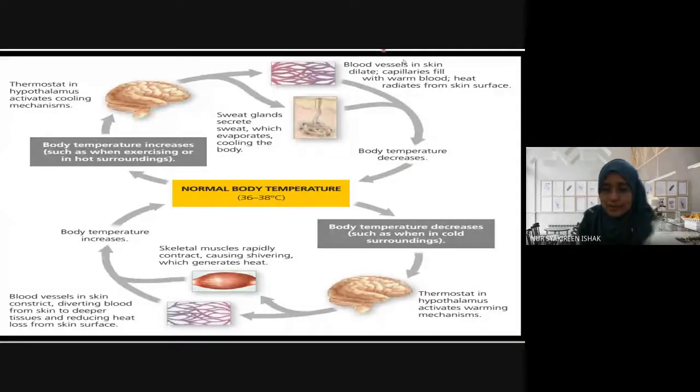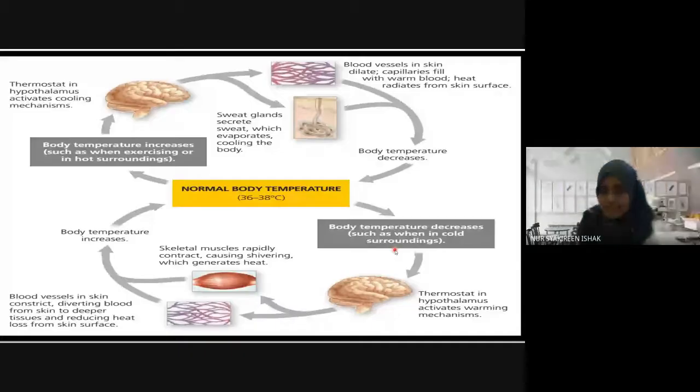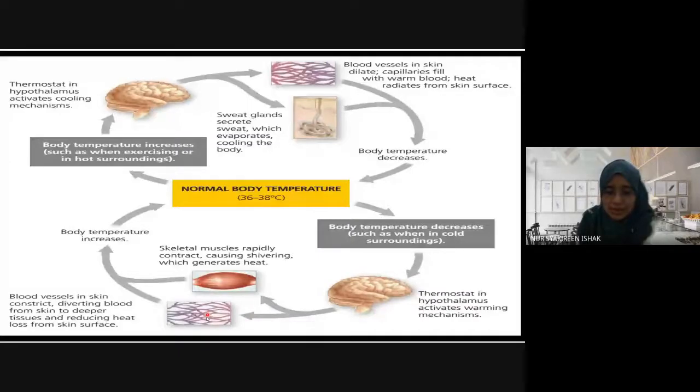So when the body temperature, for example, decreases below the normal range, such as in cold surroundings, it is again detected by the thermostat in the hypothalamus that activates a warming mechanism. So it sends the corrective mechanism to these two structures, which is the skeletal muscle.